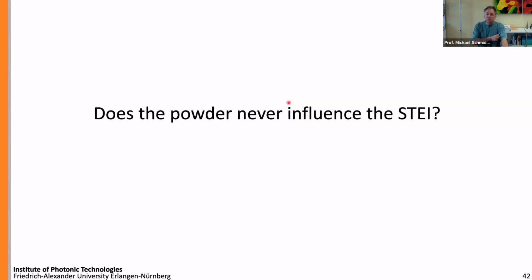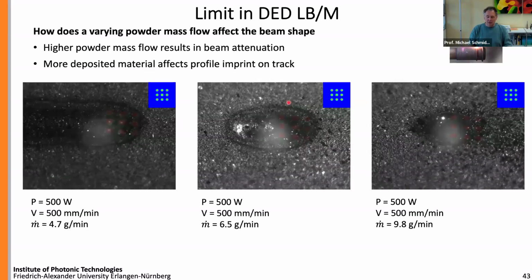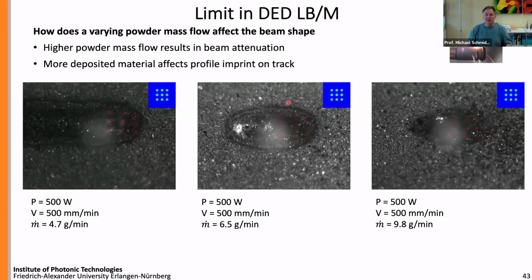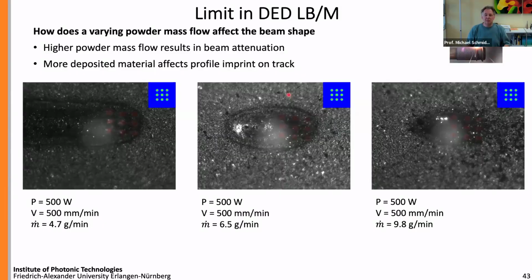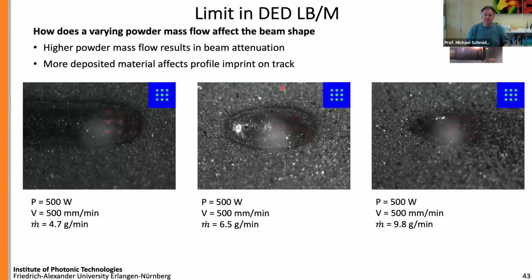Then the next question is, okay, we can do this, but then we had the idea, is this really always the case? So does the powder in a DED process really never influence our spatial temporal intensity distribution or energy input? And here the short answer is it does influence.